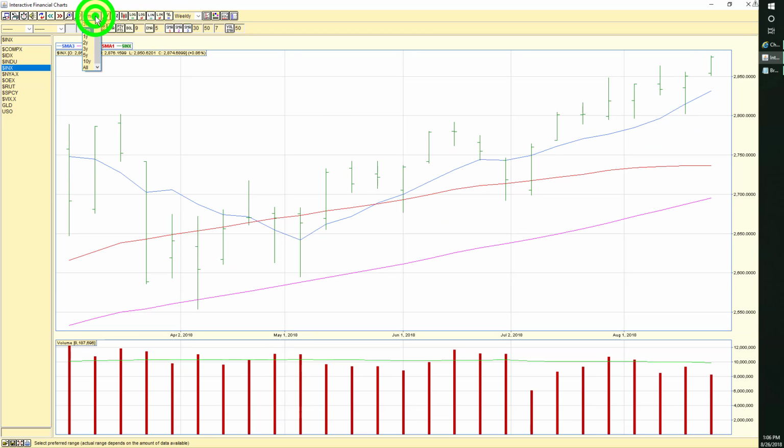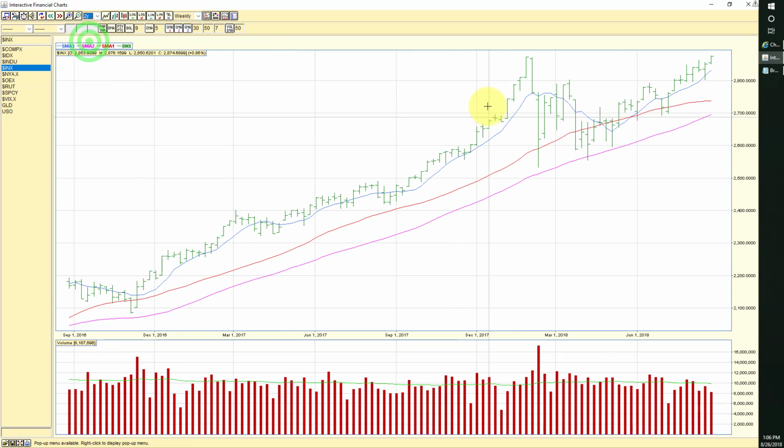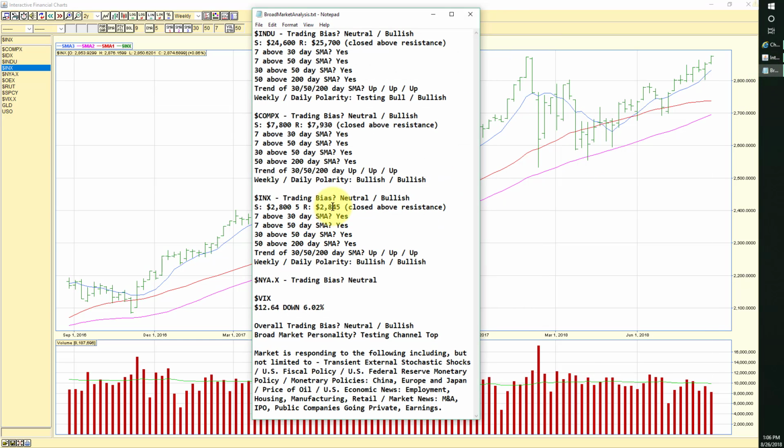We'll look again at the weekly 2-year chart for some guidance. It looks like resistance will be at $2,875 and support at $2,800.